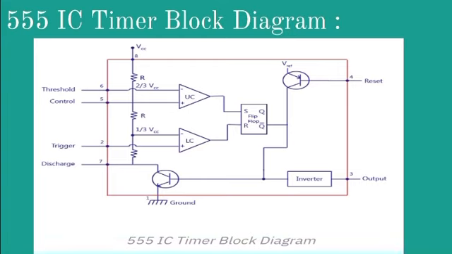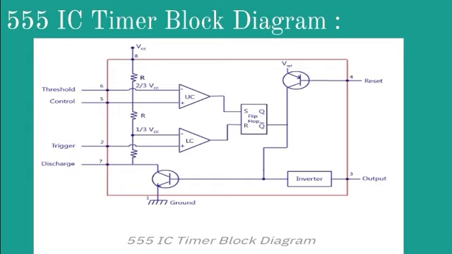So whenever the threshold voltage exceeds the control voltage, the upper comparator will set the flip-flop and its output is high. So here a high output from the flip-flop, when given to the base of the discharge transistor, saturates it, and it discharges the capacitor that is connected externally to the discharge pin 7.